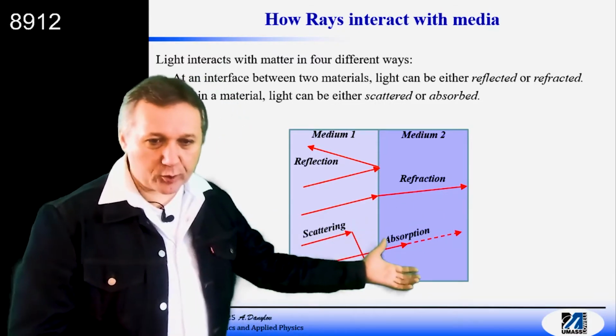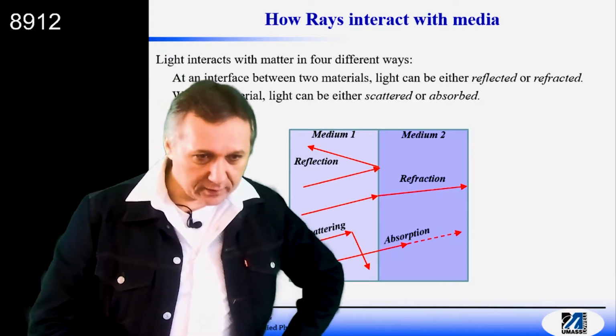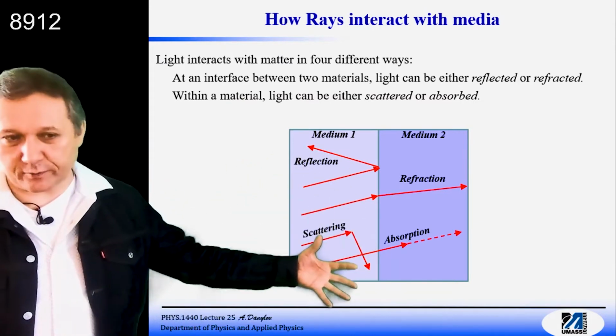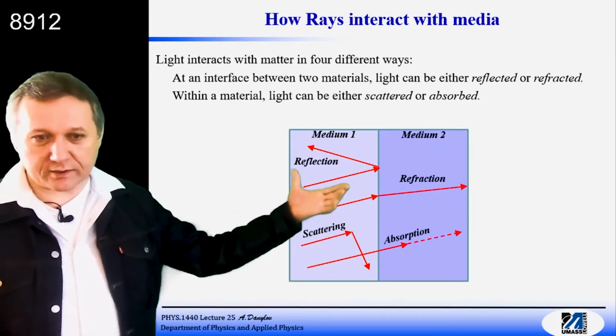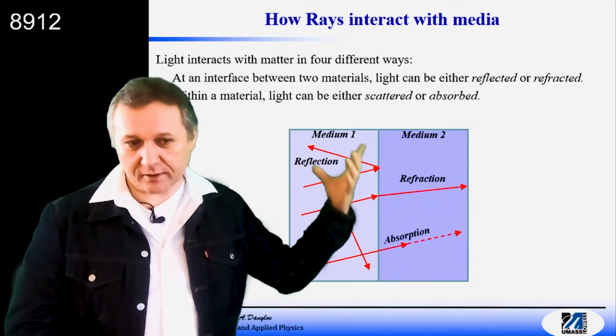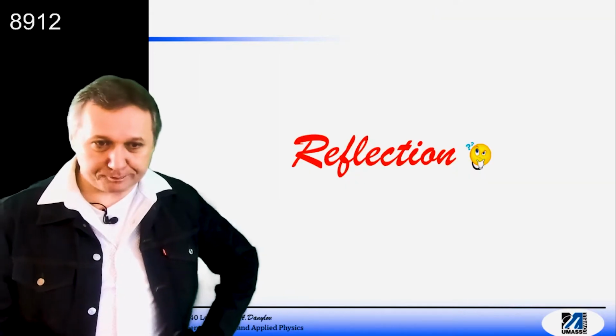Scattering and absorption you are going to discuss in higher level classes. That's where we finished in the previous lecture, and now let's discuss first reflection and then refraction, and then at the end I'm going to look at one problem.